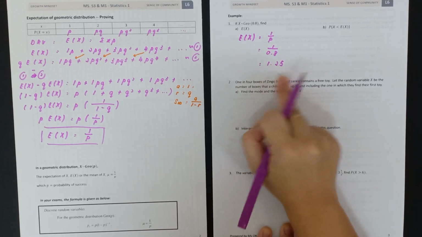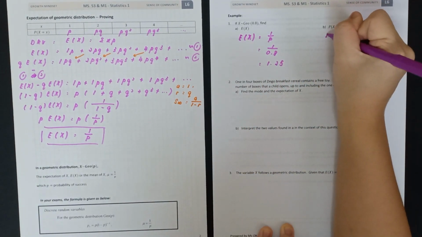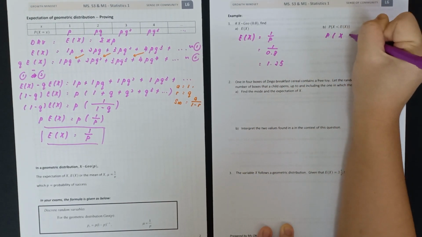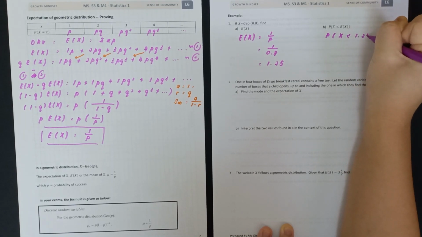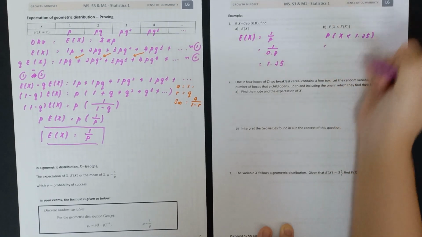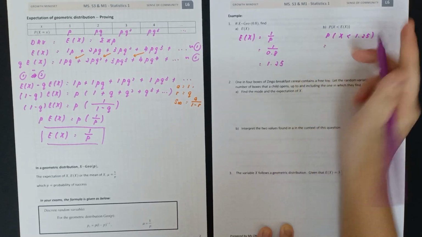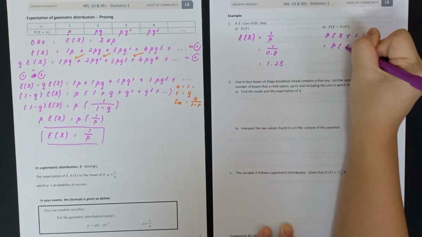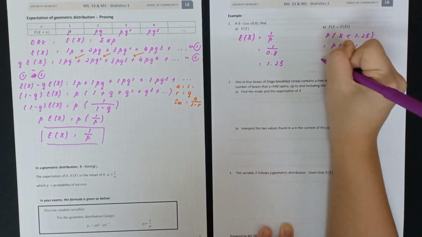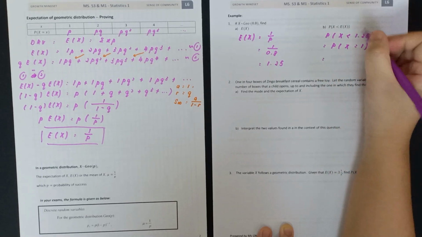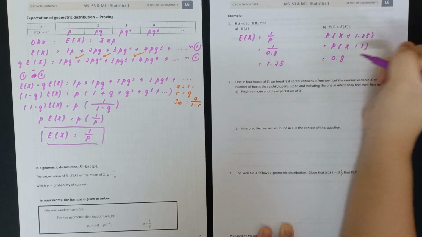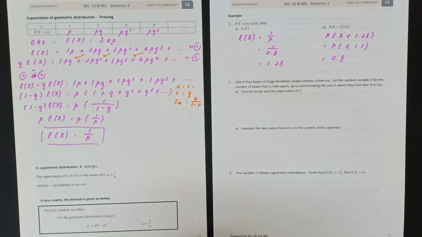So your expectation here is 1.25. So probability for x smaller than 1.25. So what is the discrete number that is smaller than 1.25, which is P(X = 1). Okay, so it will be equals to 0.8, which is the first time you already get your first success.